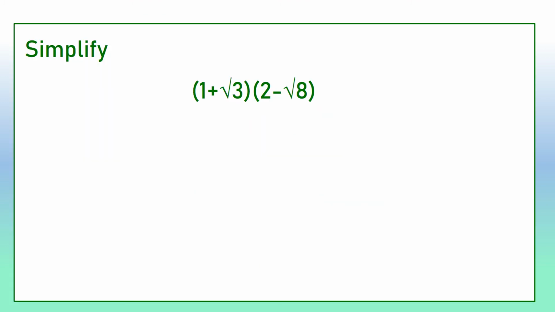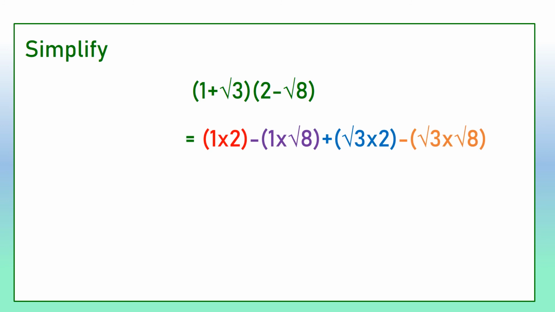So the final example, another one with brackets, but this time different numbers in each bracket. And similar kind of thing, we're going to multiply out using FOIL in this case. So the first 2, we've got 1 times 2, which is 2. We've then got the purple ones, 1 times minus root 8, which gives us minus 1 lot of root 8. We've then got root 3 times 2, which is the blue.